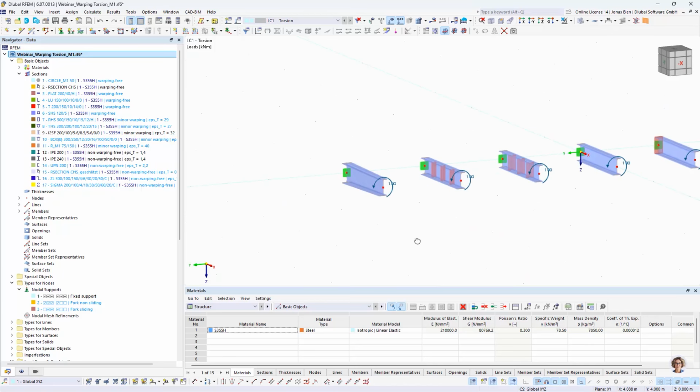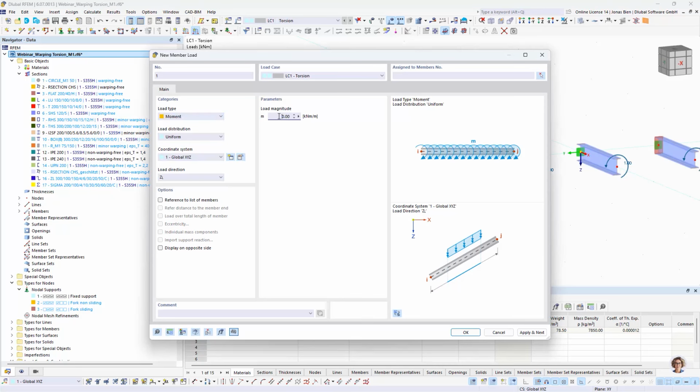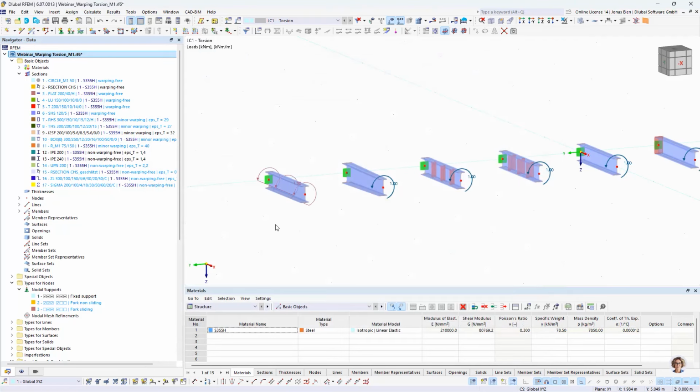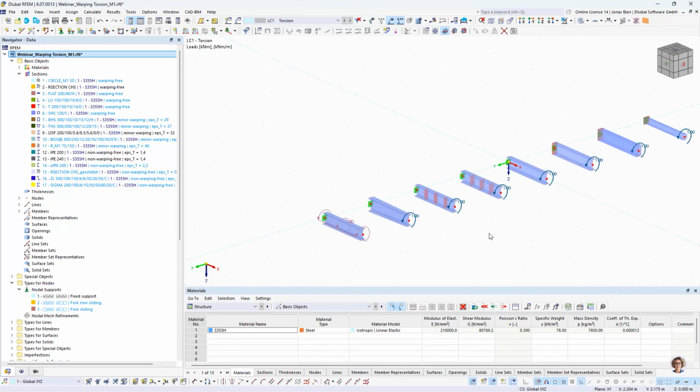Okay, and then we said another warping restraint could be induced by the type of loading. So instead of applying a concentrated torsional moment to the tip, let's actually add one example where we apply a uniform torsional moment load along the member length, which will give us a varying torsional moment over the length of the member.